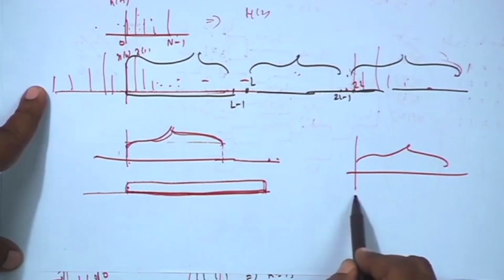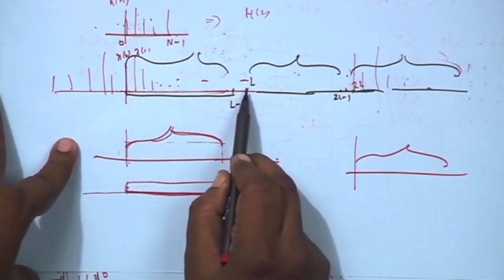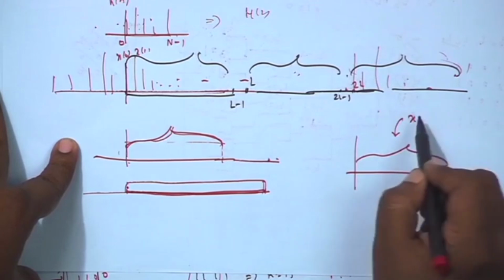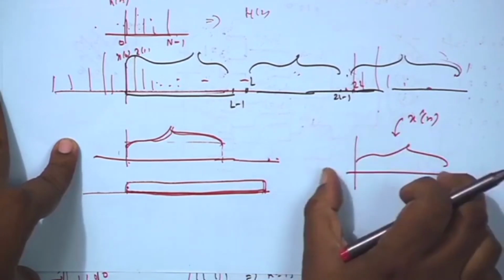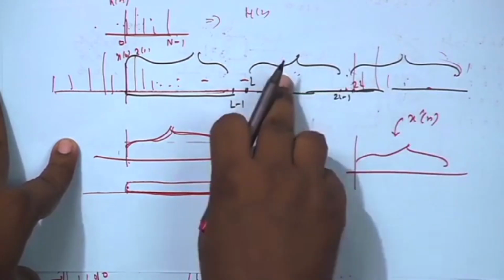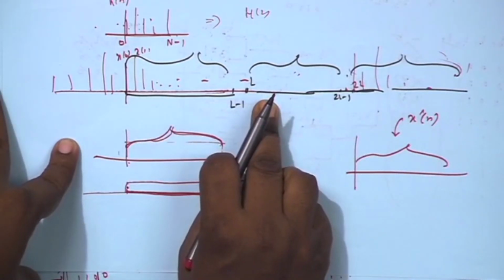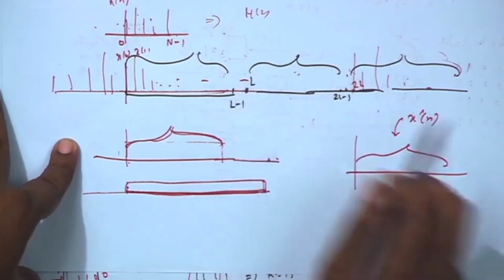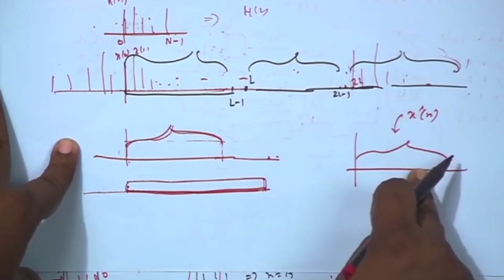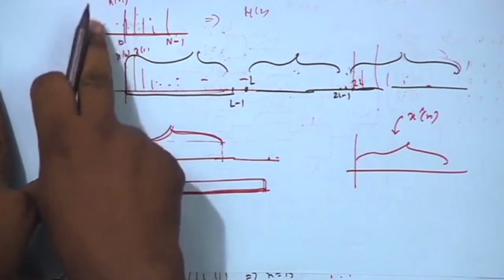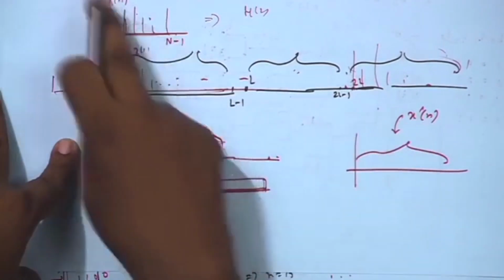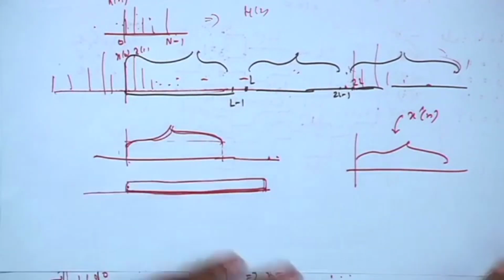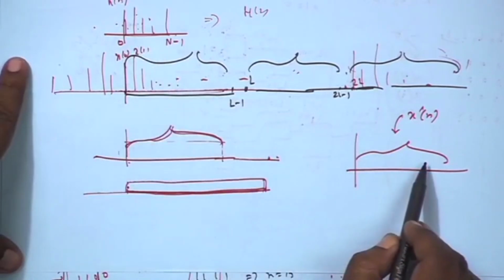So you get an output, and that output you shift by L. If you call this x prime n, this block is nothing but a delayed version of x prime n, delayed by L. The Z transform of this block alone would have been Z to the power minus L into the Z transform of x prime n, say capital X prime Z, into H Z. So first carry out H Z into X prime Z, which is nothing but convolution between these two, and then apply Z to the power minus L, that means shift the result by L.